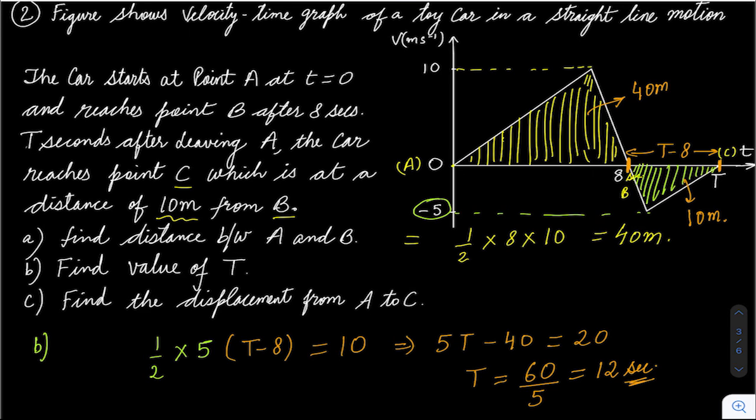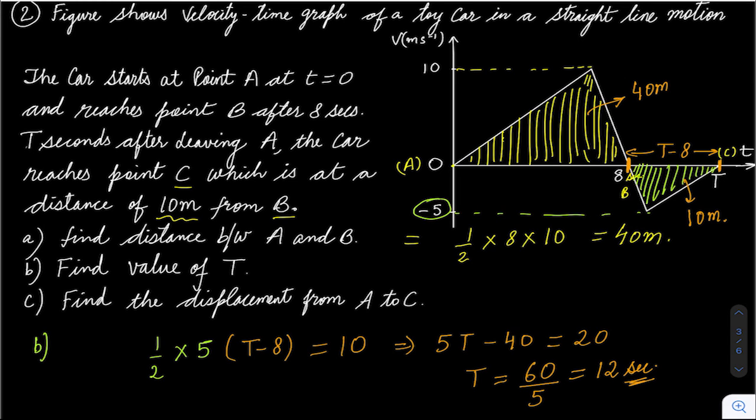So there are two questions. First question they can ask is, what is the total distance traveled from A point to C point? Or they can ask, what's the total distance traveled from time t equal to 0 to time t equal to capital T, which we already know is 12 seconds. So that's the question. What's the total distance traveled?